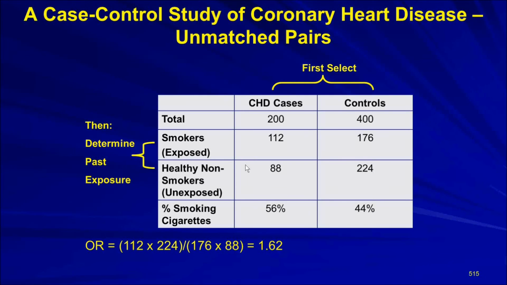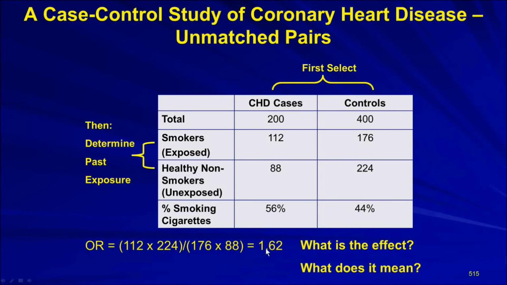And I don't want you to forget that, because that's just what goes on. Okay, what is the effect and what does it mean? Well, this number is greater than the null hypothesis, which is 1, right?